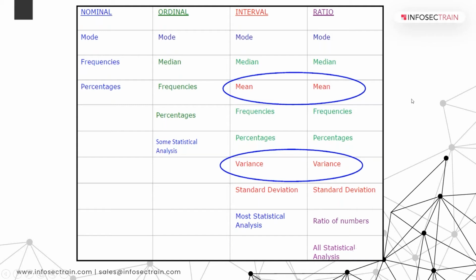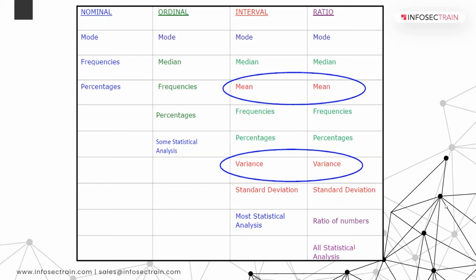And then in the interval scale we can find mode, median, mean, which is nothing but the average of the data, then frequencies, percentages, and variance. Variance is nothing but the variability in the data.